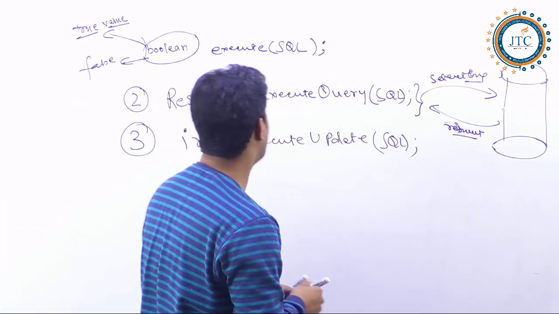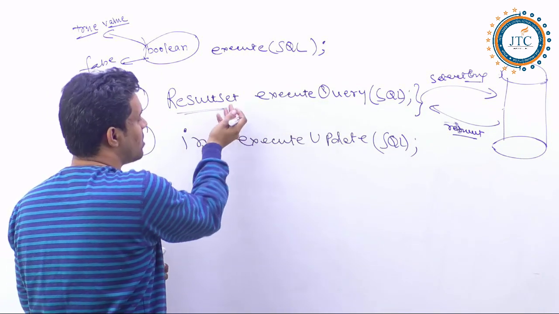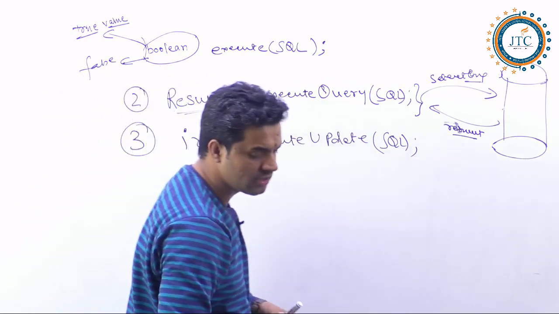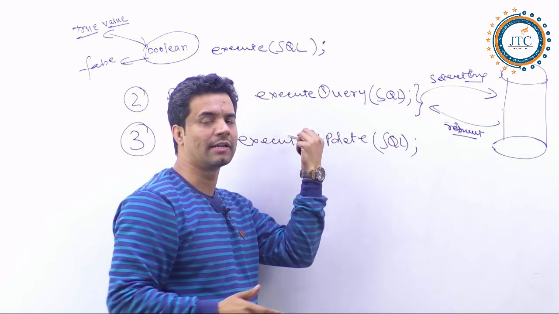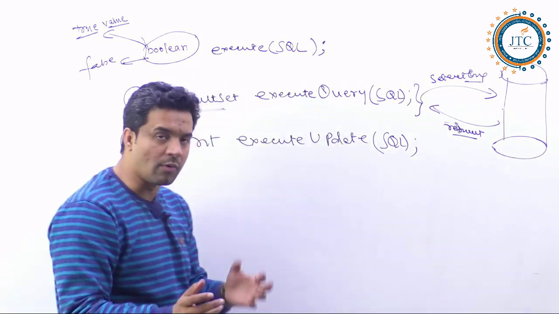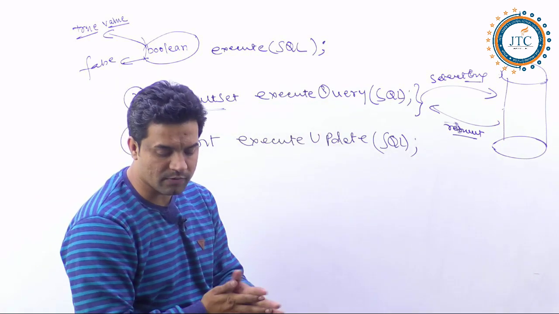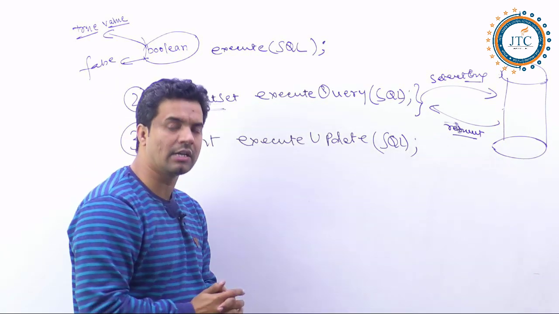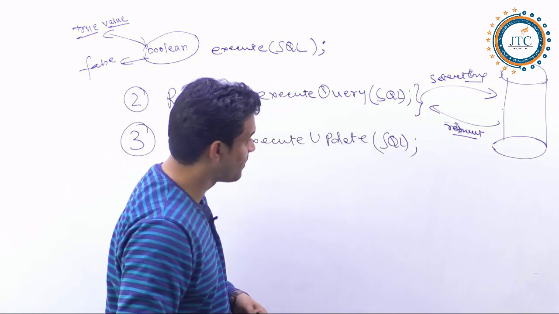If it is giving some result, this is the result set, and based on this you can again access all these things here. I will come to this result set topic again, fine. I will write one example, and based on that we will discuss how we are going to utilize and process all these things, fine.